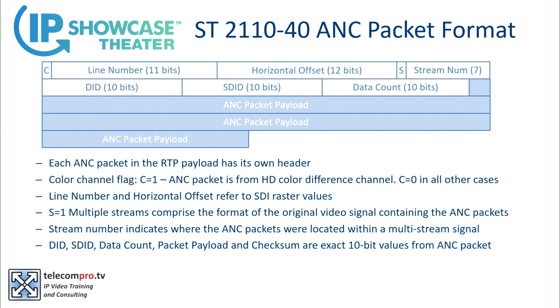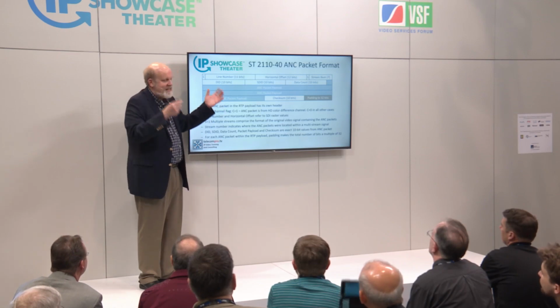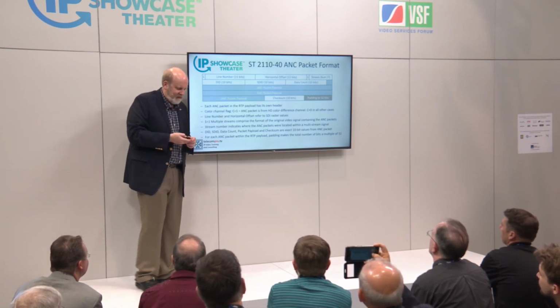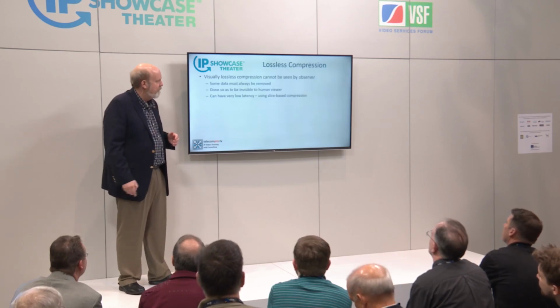We're going to have the data. We're going to have the same checksum. So all this information is completely contained in the original ancillary data packet. Then all we have left to do is pad that information out to an even multiple of 32 bits. So that's it. That's how 2110-40 packets are built. Very, very similar to the way they were inside the SDI.